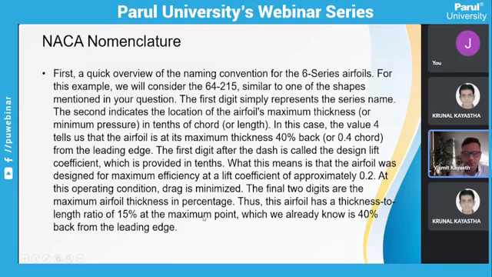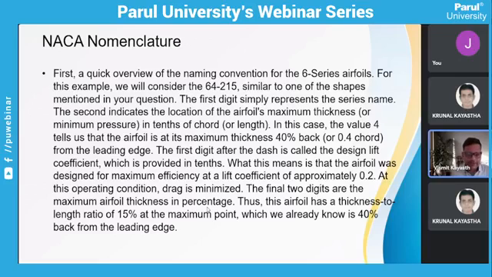As I mentioned, we are going to use it as a dihedral wing further on, so it would be less than or equal to 15%, and we already know that 40% back from the leading edge is already present over there. So why did we choose a dihedral wing?